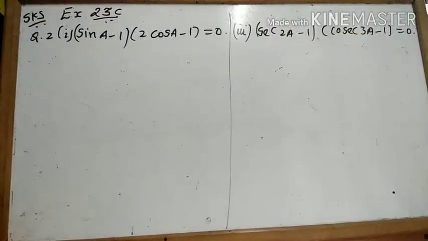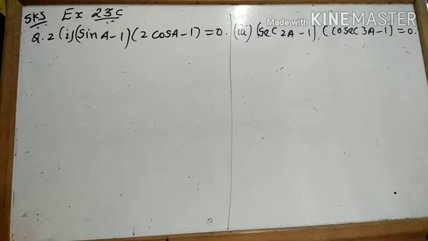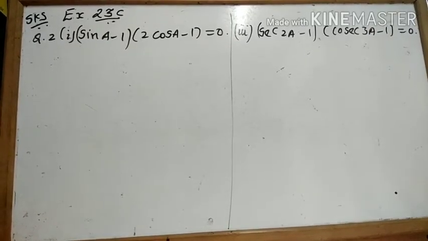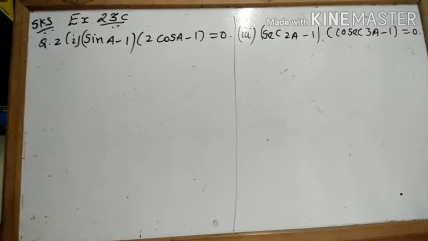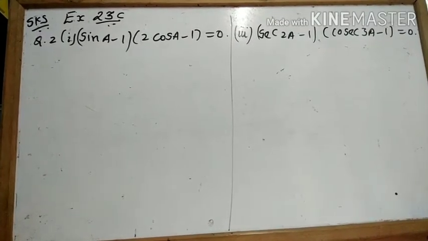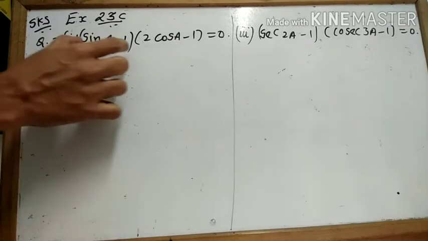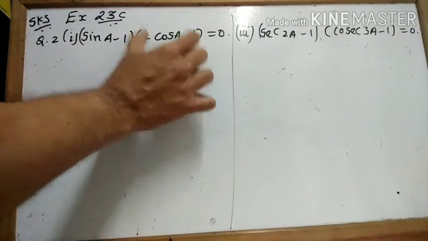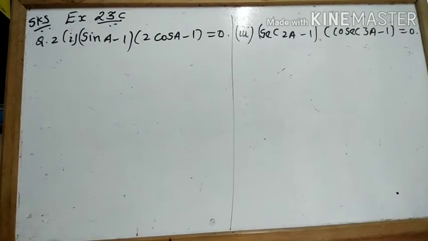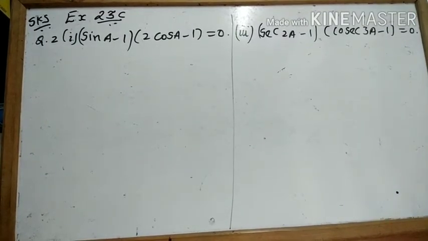We are going to see question 2, sub question 1 and sub question 3. They are given first bracket sine A minus 1 bracket closed into another bracket 2 cos A minus 1 bracket closed equal to 0. This entire binomial is one number, this entire binomial is a second number. Just now we have seen if product of two numbers is 0, then either of the number is 0.